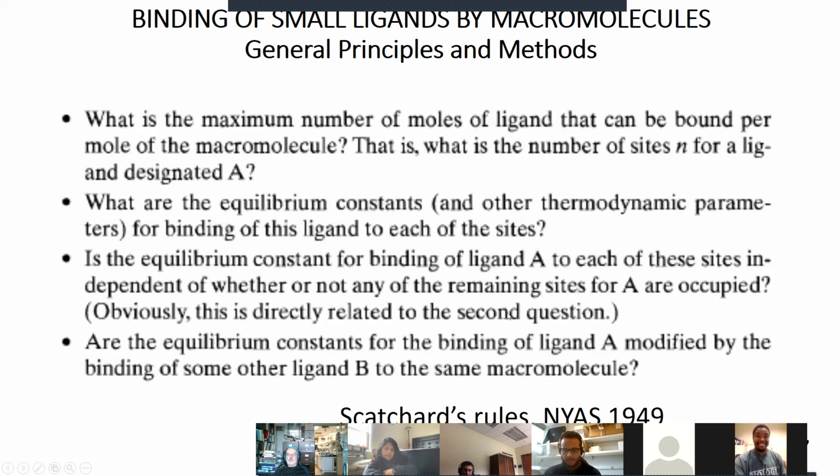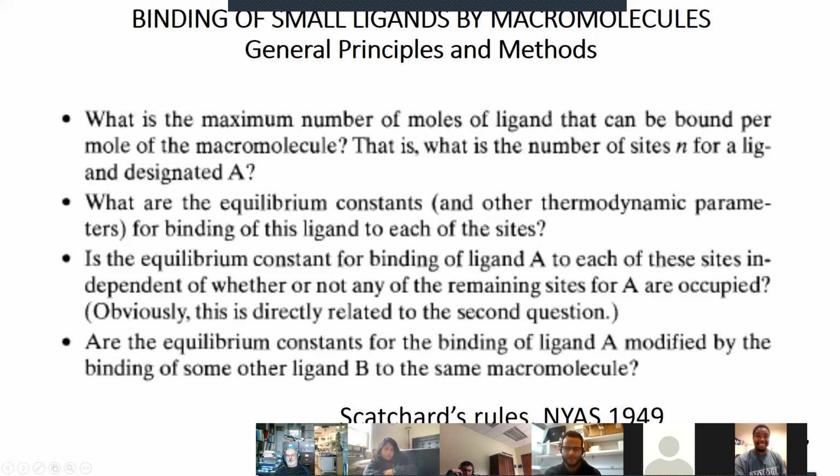Okay, does it depend upon how many other sites are occupied? It's related to the second question, because how tight will vary with the number of sites bound. So if there's cooperativity, the first site binding will be different than the last site binding.